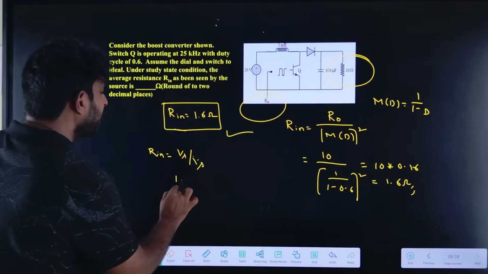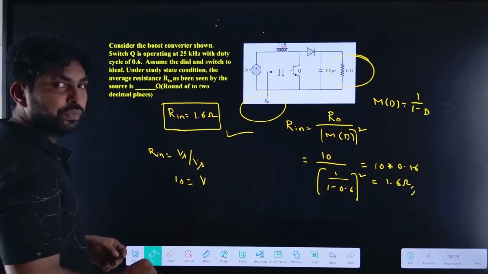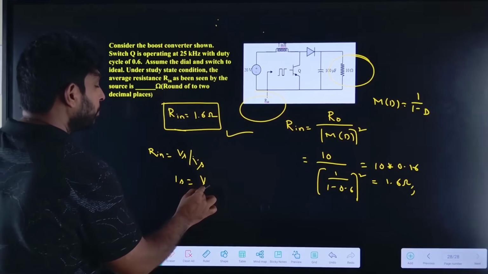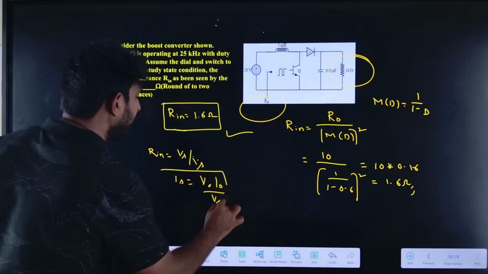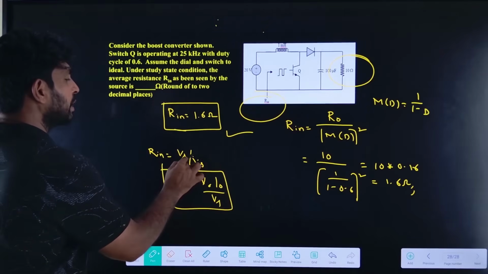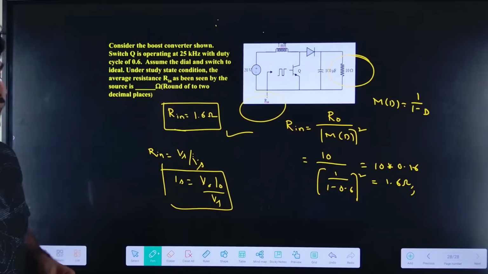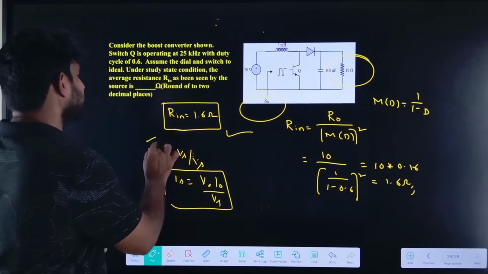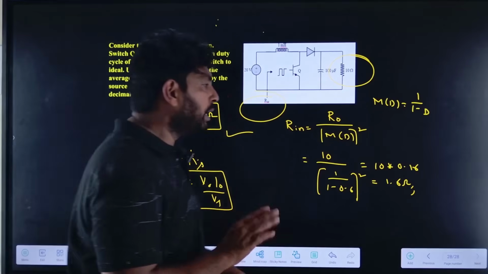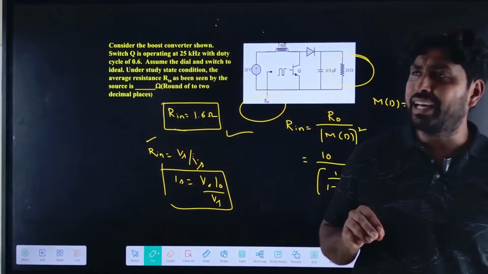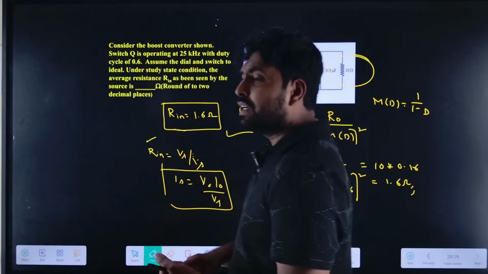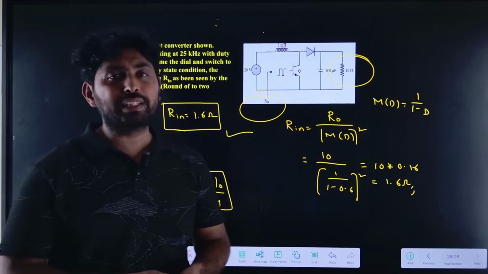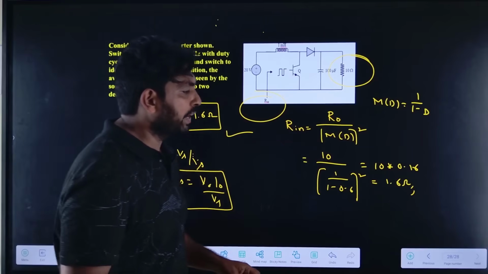Is equals V0 into I0 divided by Vs. If you find the Is and substitute here, you will get the input resistance. This is another method, but you can directly apply this formula because we know the output voltage and input voltage relation. From that you can easily find it.